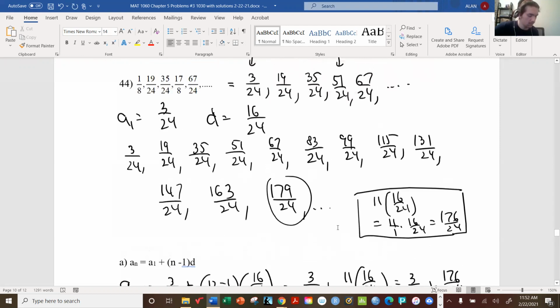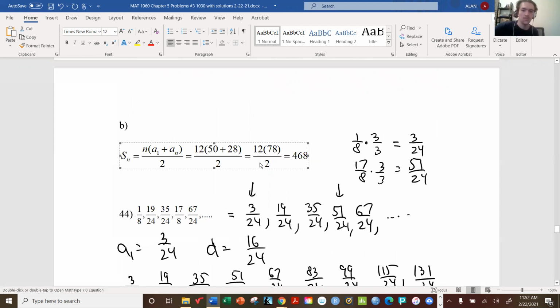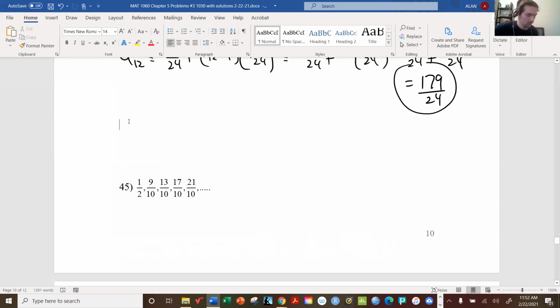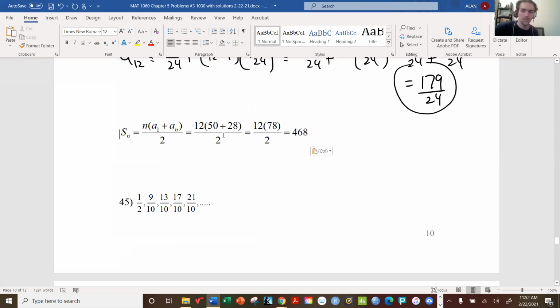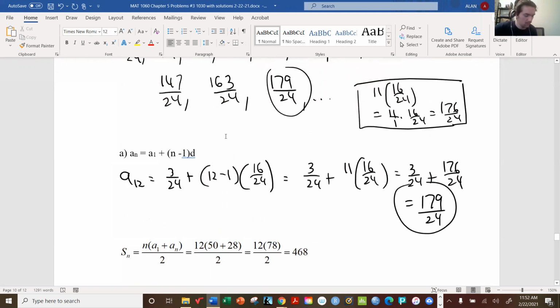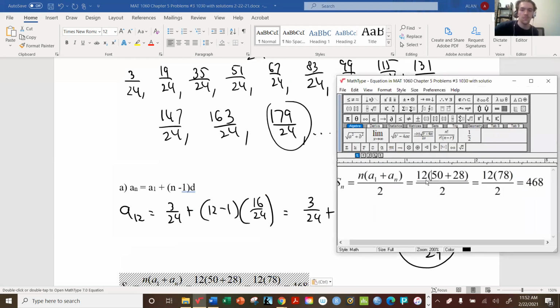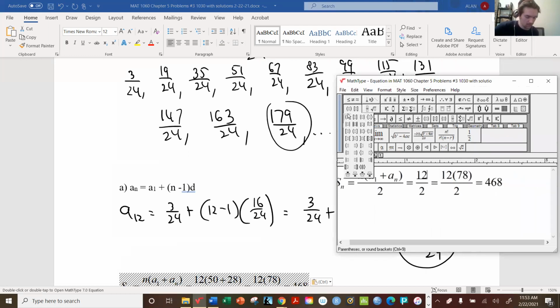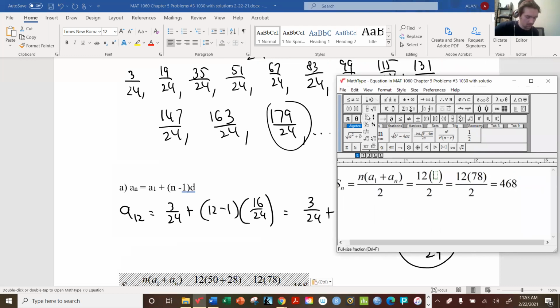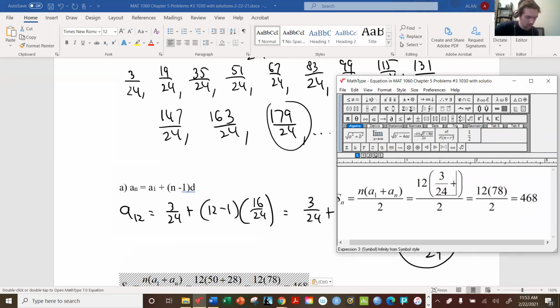And that leaves us with this guy, the sum of the first 12. Again, it'll be a bit of a mess because of all the fractions. We can do it. So the two terms, A1 and A12, are 3 over 24 plus 179 over 24.